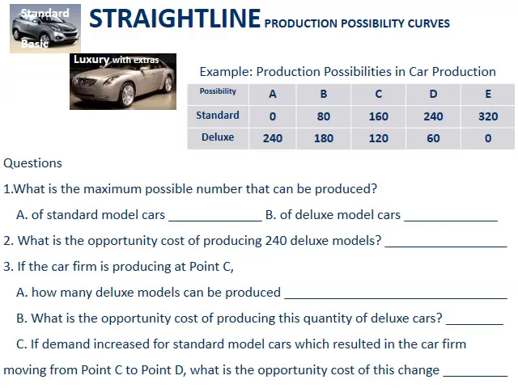If the car firm is producing at point C, how many deluxe model cars can be produced? 120. So what's the opportunity cost of producing this quantity of deluxe model cars?